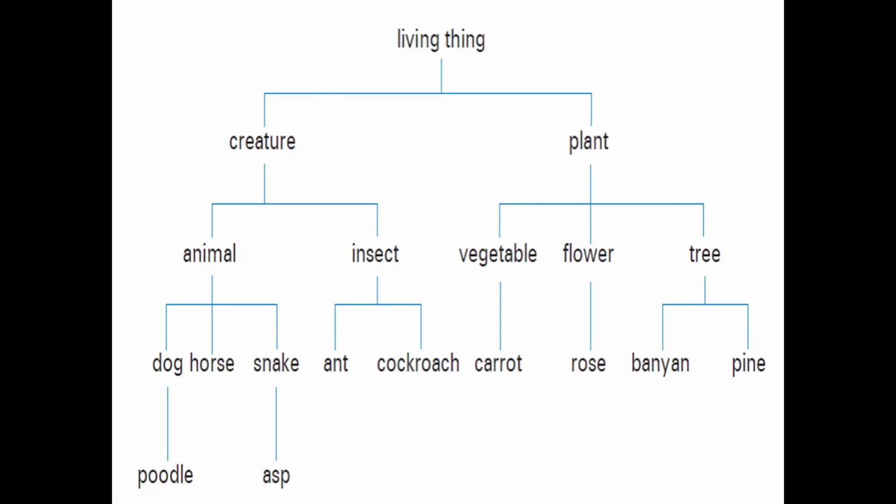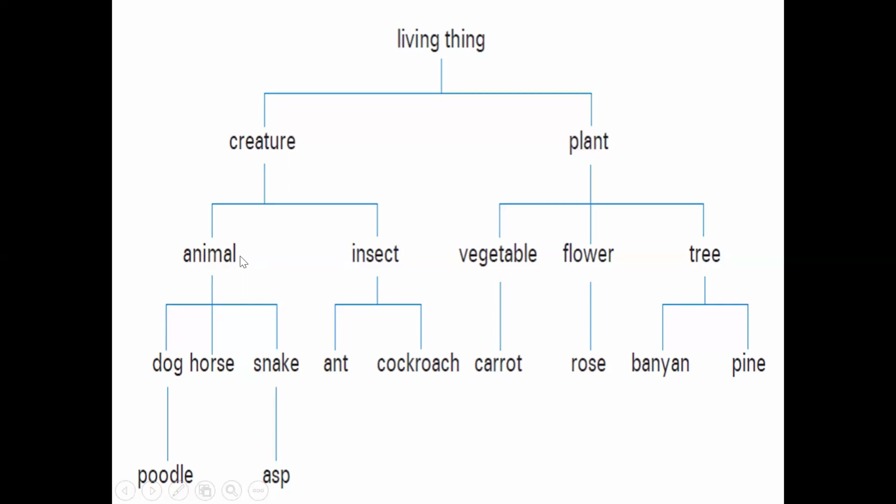But if you look at the term creature alone here, we can also have animal and insect. So creature is the superordinate of the terms animal and insect, while animal and insect share the same superordinate creature. Animal and insect here are considered as co-hyponyms.